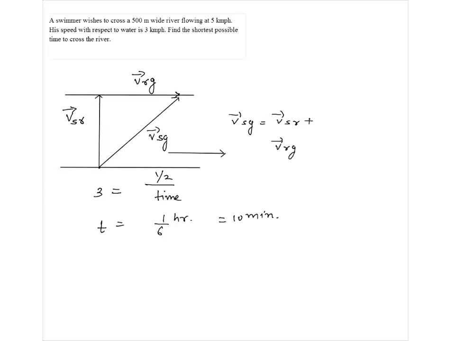Any questions? Let me know. This information looks redundant. We did not need this information for this question, 5 km/h. Isn't it interesting? Even if it is 10 km/h, answer won't change.